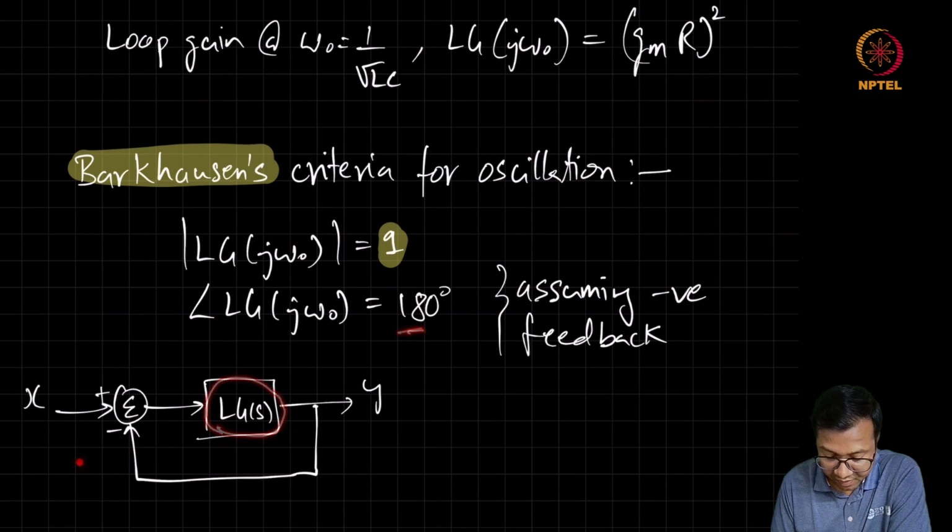So it means there should be a polarity inversion already in the loop. In addition to that, Lg should also give a polarity inversion. This loop gain should have a gain of 1.